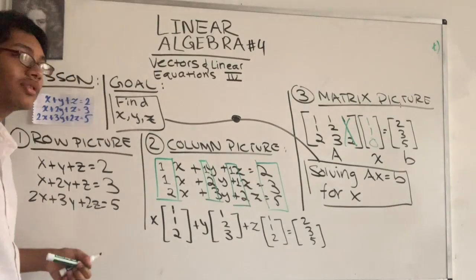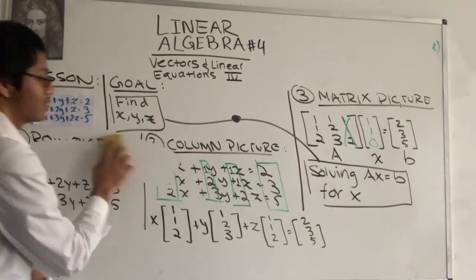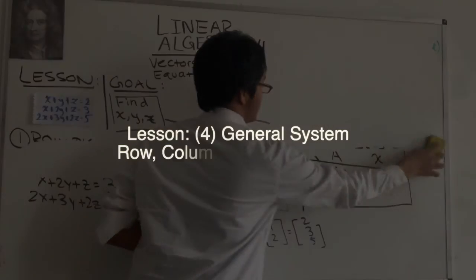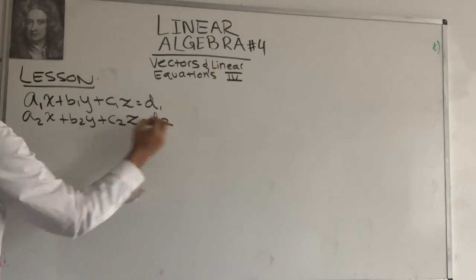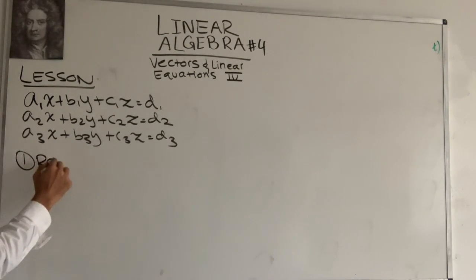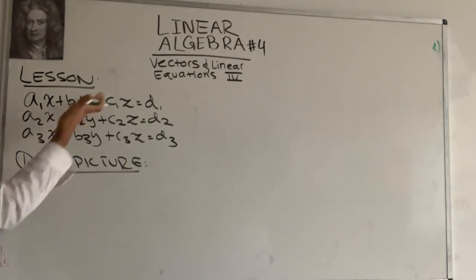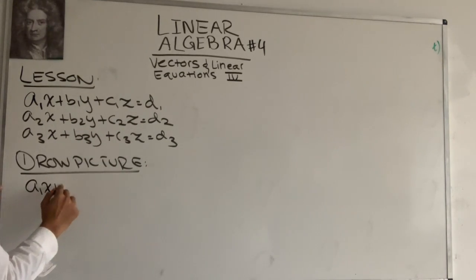Okay. Now I want to generalize this idea to all the systems of linear equations. So let's look at the row picture for this. In fact, the row picture is very easy. It's these three equations.